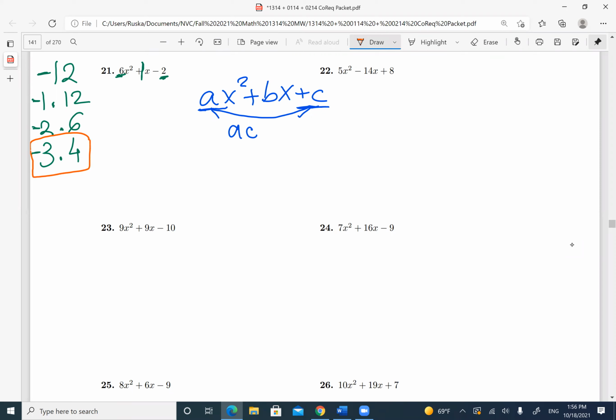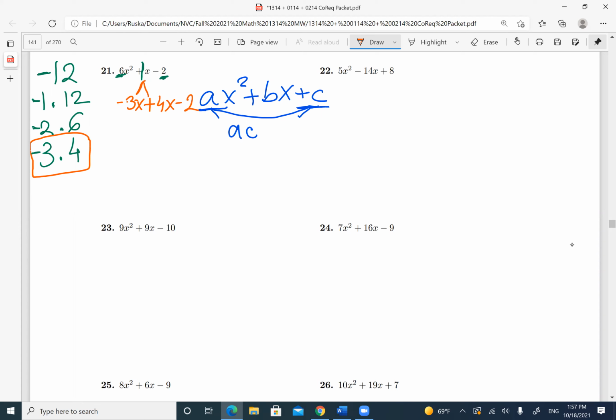Now, with those two numbers, instead of putting x next to them and just getting the answer, because we have 6 in front, you have different methods from here. You can split the middle one. So the middle 1x is going to be negative 3x plus 4x.